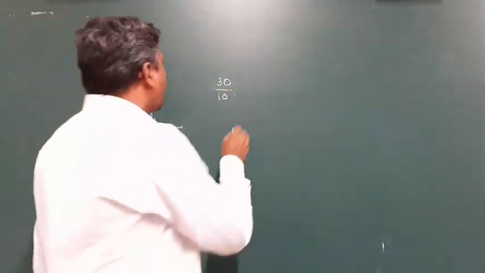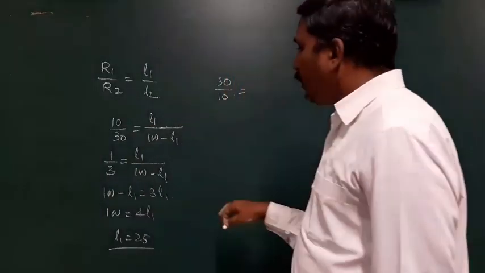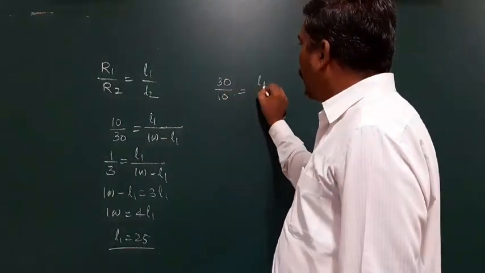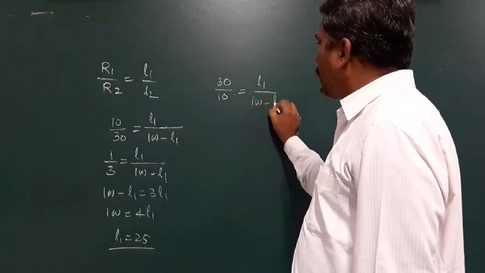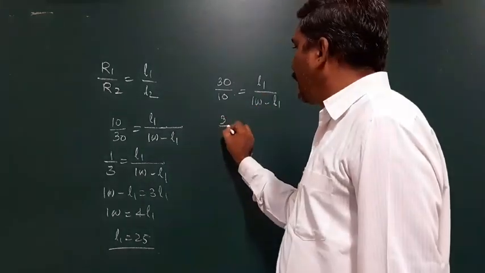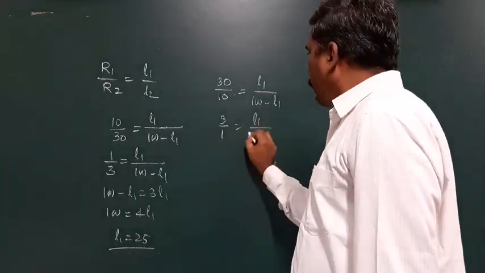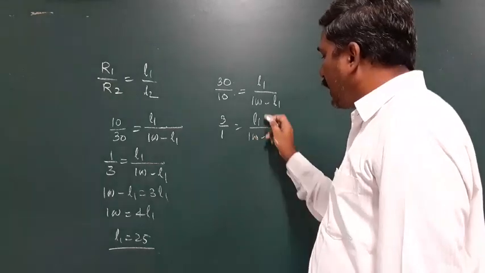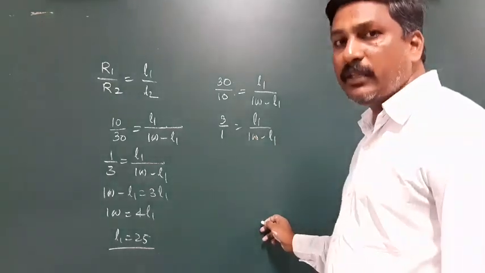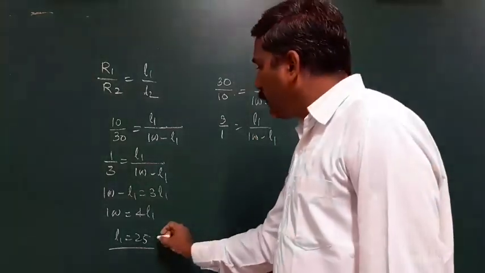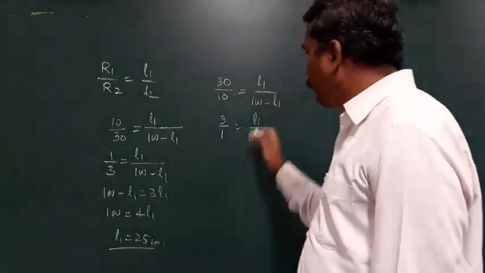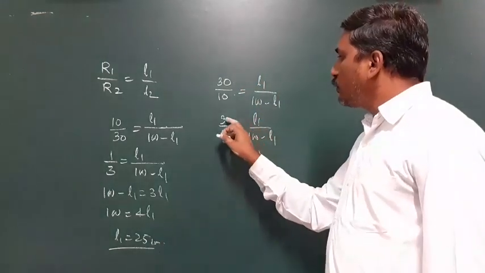Now again this is L1 and this is 100 minus L1. So 3 by 1 equals L1 upon 100 minus L1. We are getting two values of L1, one is 25 centimeter from the left, and the other is also from the left.